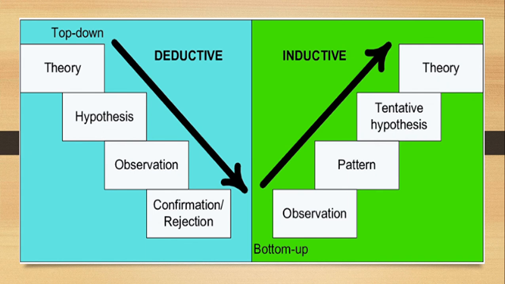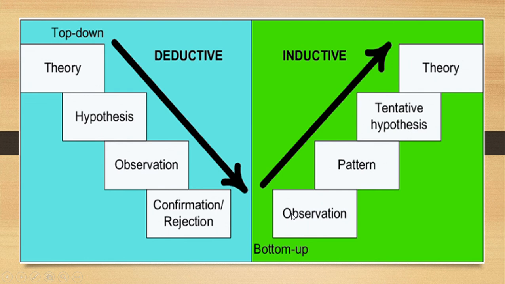We will see the difference between these terms, deductive and inductive. Deductive is a top-down approach, whereas inductive is a bottom-up approach. As you can see in this illustration, deductive is general to specific and inductive is specific to general.